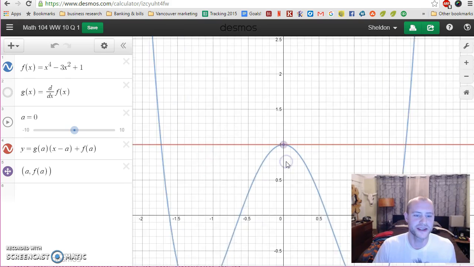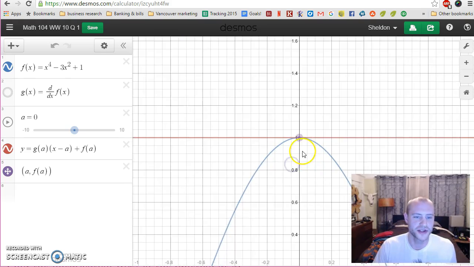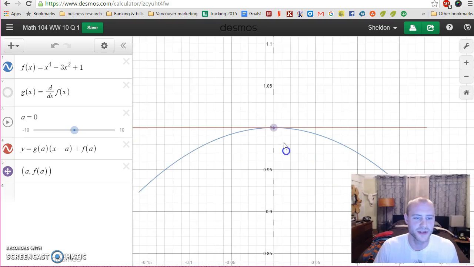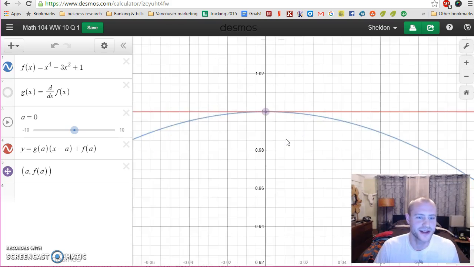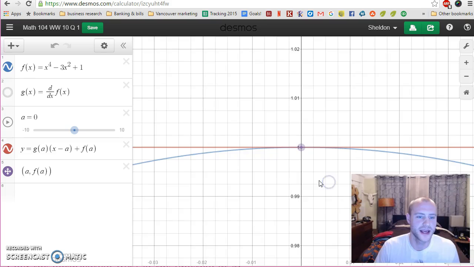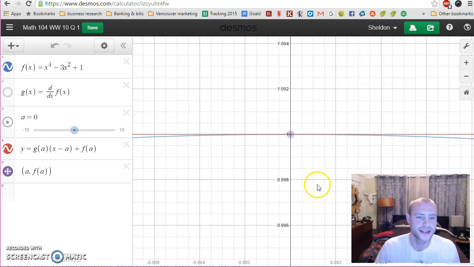The only place it's good, and I'm going to zoom in a whole bunch so you can see this, is right around the purple dot, from here to here. You see that? And if I keep zooming in, you'll notice that it's really, really good right around that point.